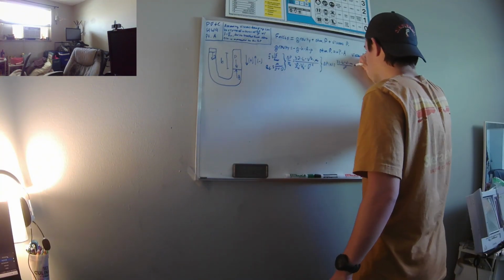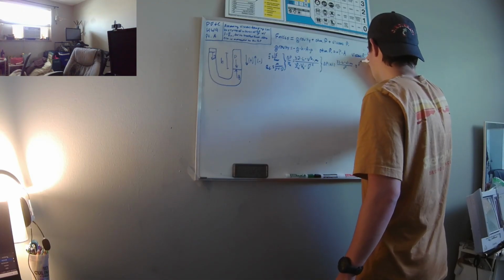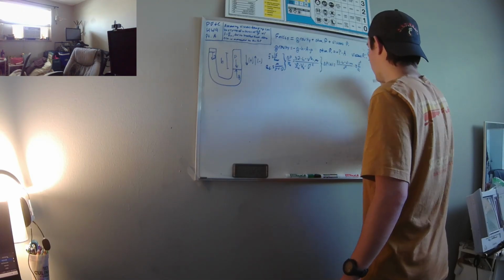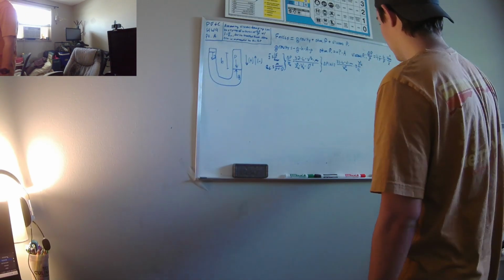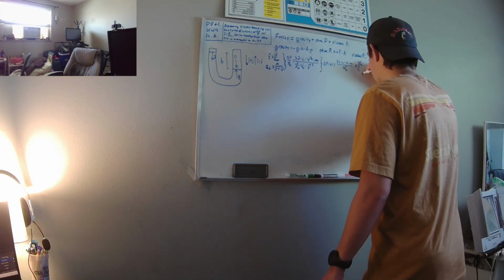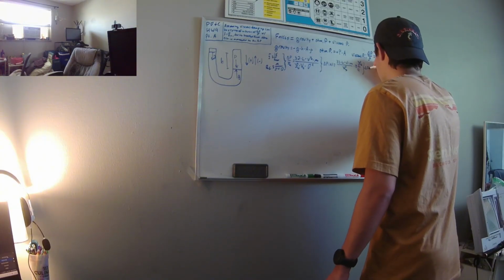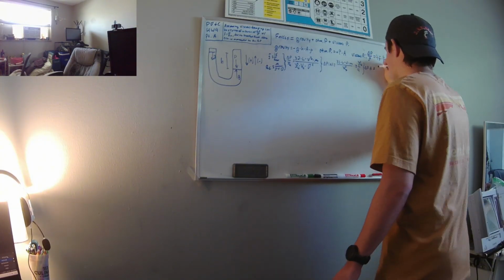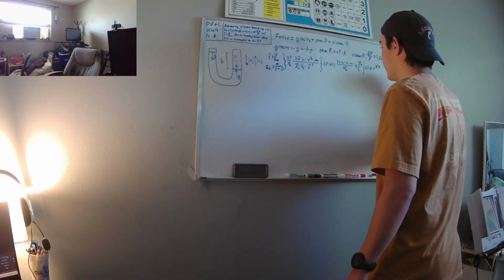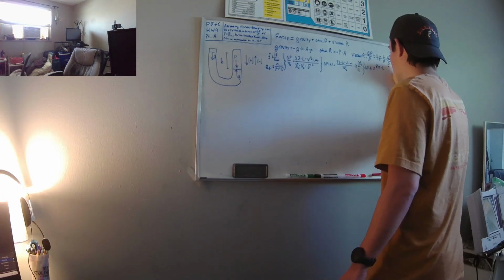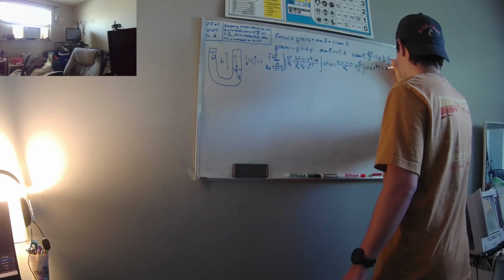we get times pi d squared over 4. And then as you can see, our d squareds cancel. If we multiply this all out, what we get is that our delta P times A is going to equal 8 pi times L times mu.